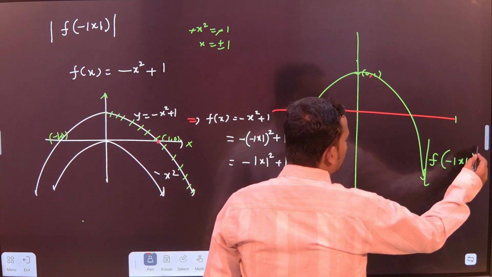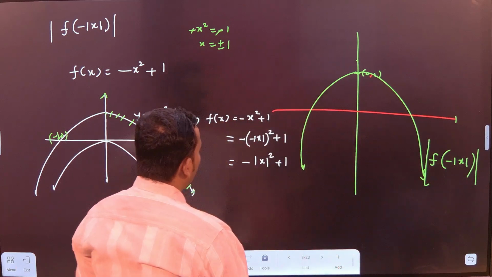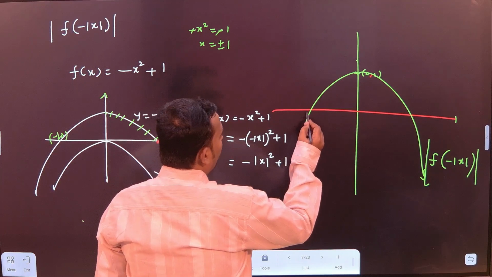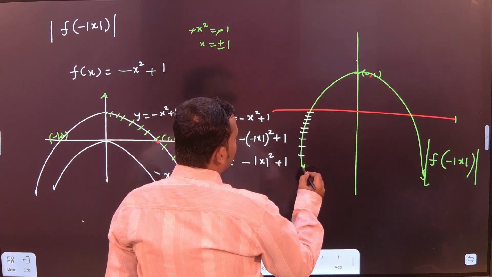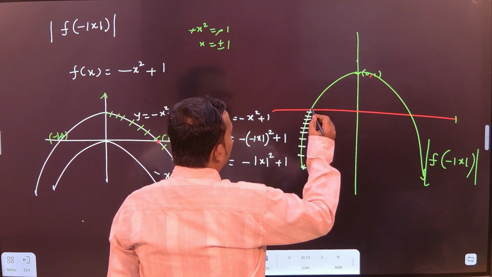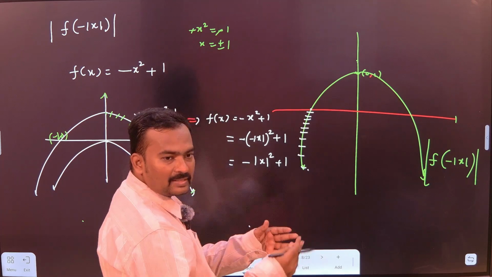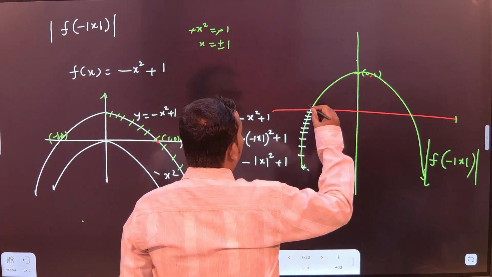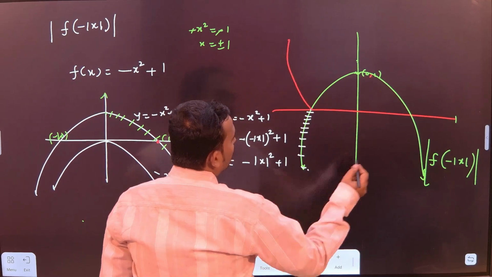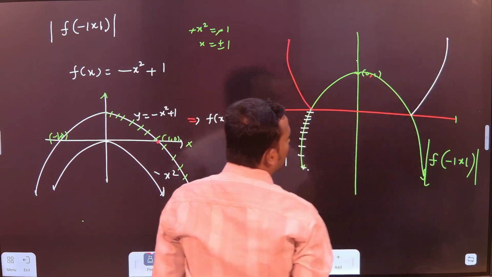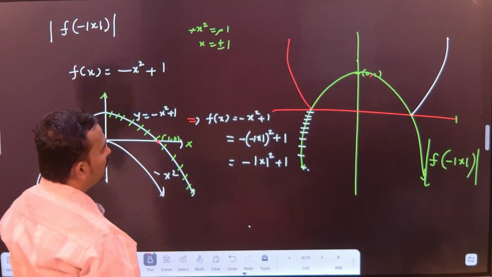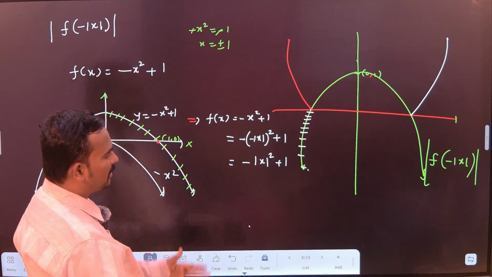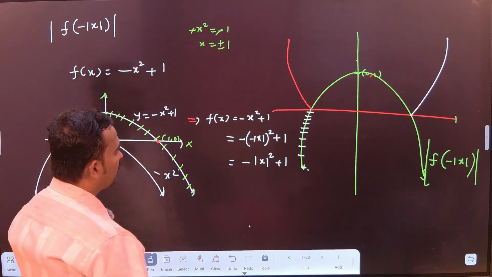Apply the modulus. So, what you can do? The modulus job is, whatever is negative, below the x-axis there, you take the mirror about the x-axis. You're shifting up, right? Clear? This will be going like this. Okay? So it will be symmetric, which means this all will be the same thing only, right?